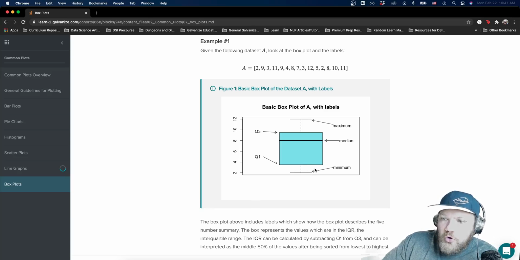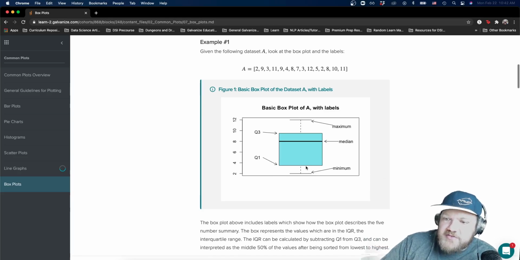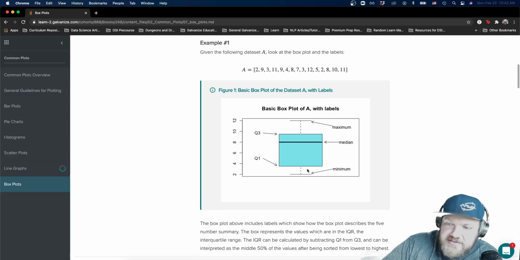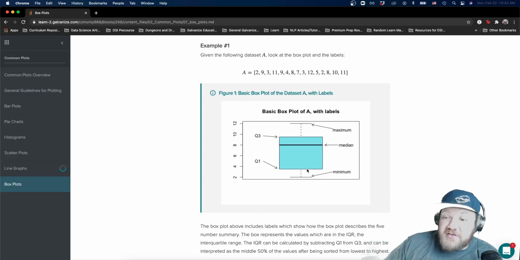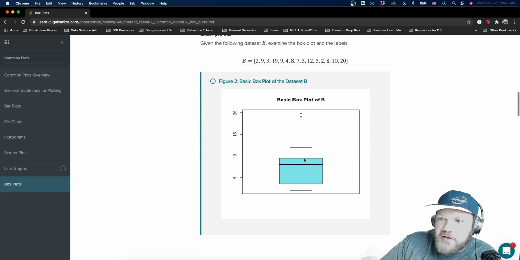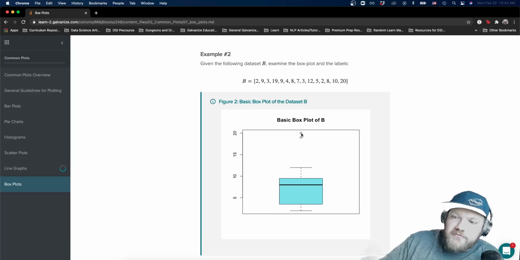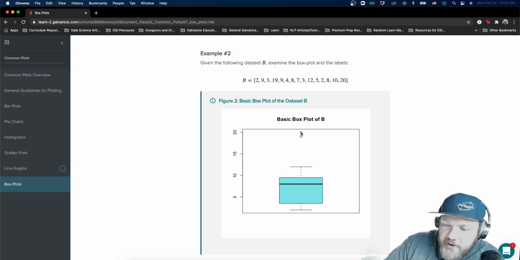We can see how a data set is distributed, right? Because each one of these distances contains 25% of the data, right? So I can see that this is actually pretty sparse, right? There's a lot of space in between Q1 and the median, right? It's a little bit sparse. And we can see further, this shows some outliers, with the max being all the way up here at 20.